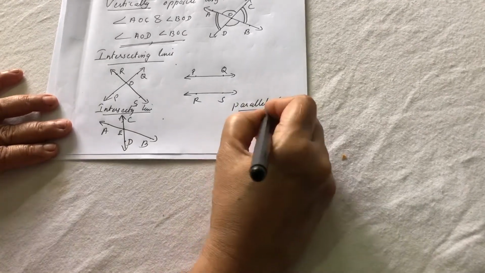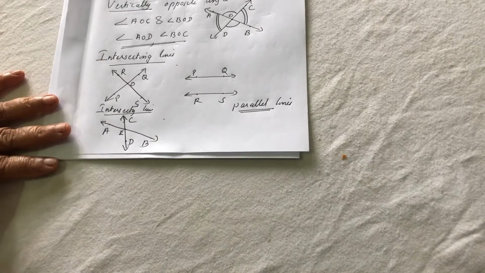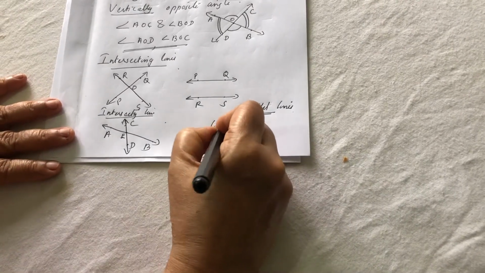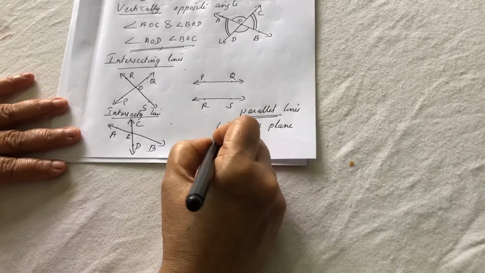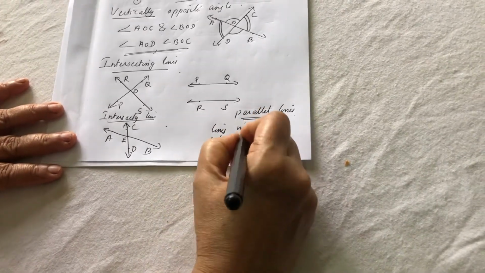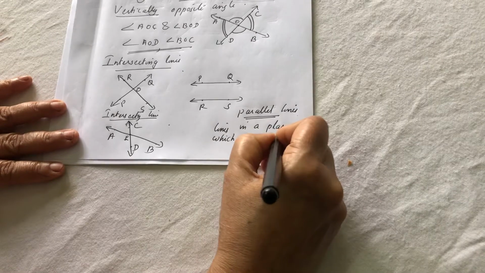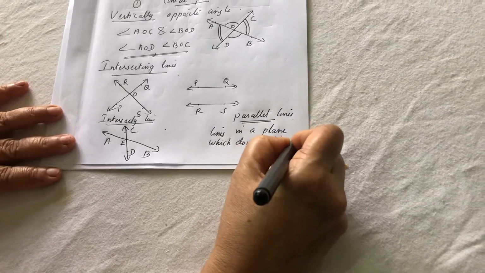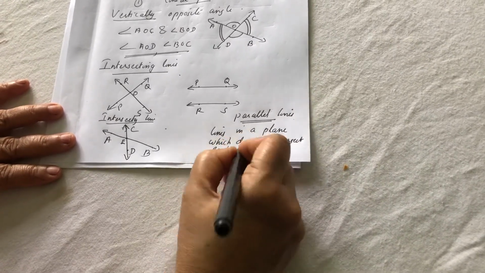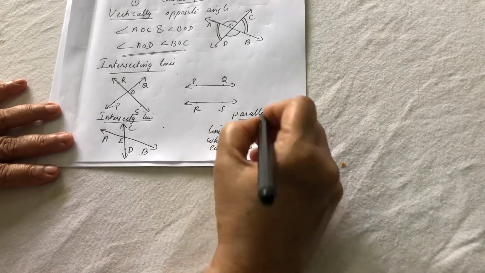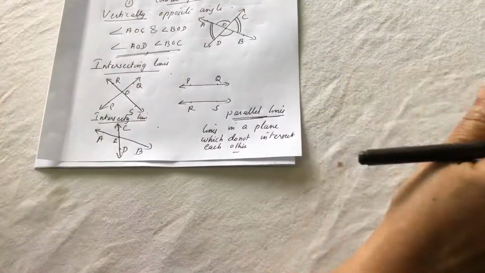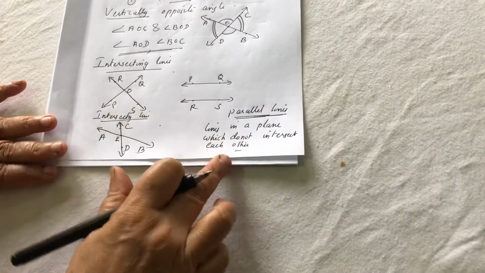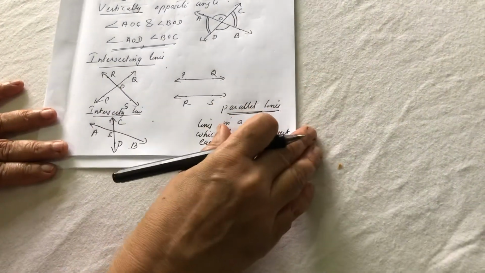Then how will you define parallel lines? Lines in a plane which do not intersect each other are called parallel lines. You extend these two lines on both sides, and they never intersect. So these are called parallel lines.